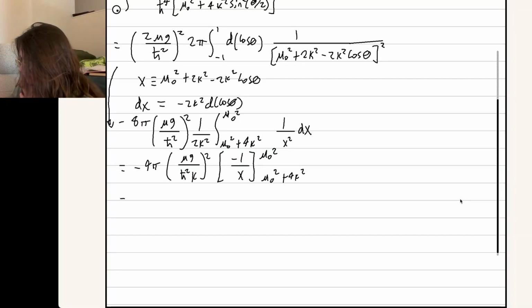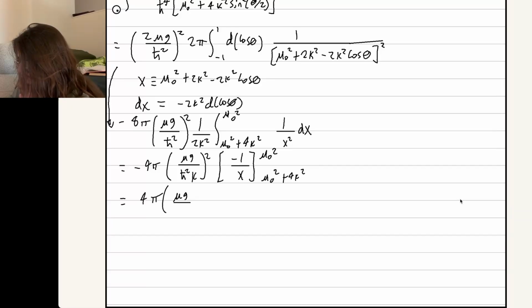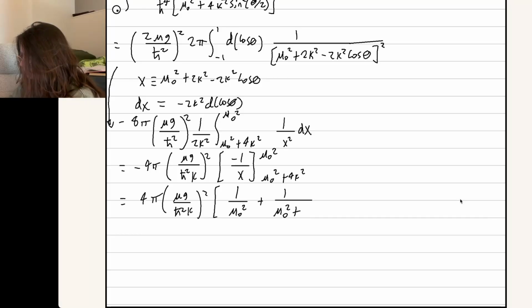And so we'll flip the sign again, and then we'll have mu g over h bar squared k all squared, and then it's 1 over mu naught squared plus 1 over mu naught squared plus 4k squared, and actually there's a minus sign.